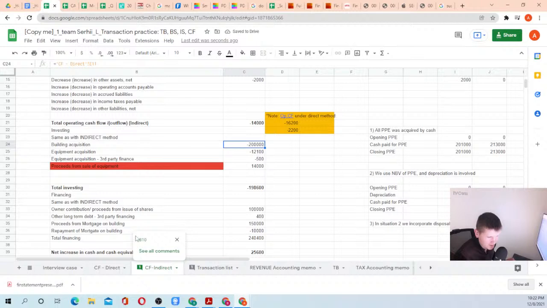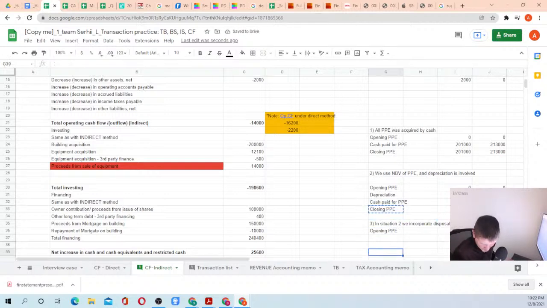So now we will try to get that total fixed assets acquired using a roll forward model, roll forward method. We have opening PP&E, which is 0, as we know.